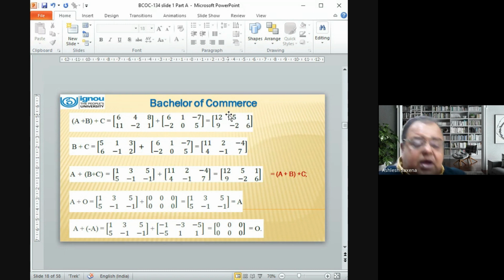Now I will be adding B and C together. This is B, this is C. I got B plus C as 11, 2, minus 4, 4, minus 1, 7.